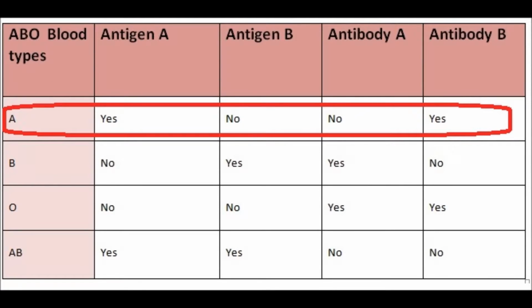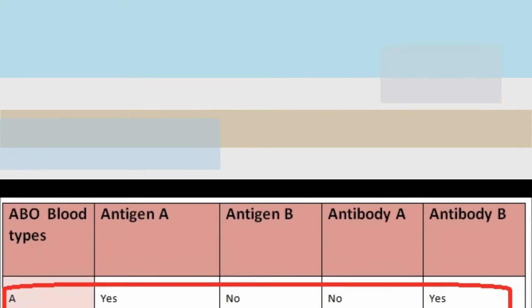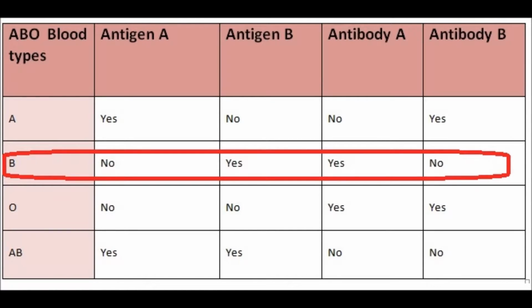As we can see in the picture, blood type A has antigen A but no antigen B. In contrast, the individual has antibody B but no antibody A. Similarly, blood type B has only antigen B and antibody A but no antigen A and antibody B.